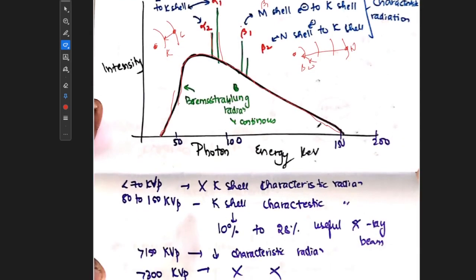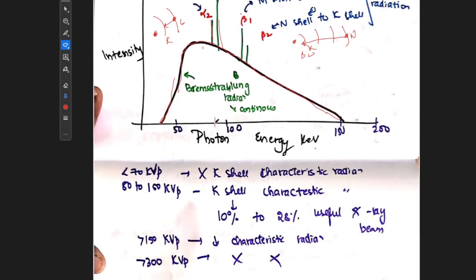If you see, at 70 kVp, because the K shell binding energy is 70, the electrons should at least have sufficient energy to overcome the 70 kilo electron volts of binding energy of the K shell electron of the tungsten atom.